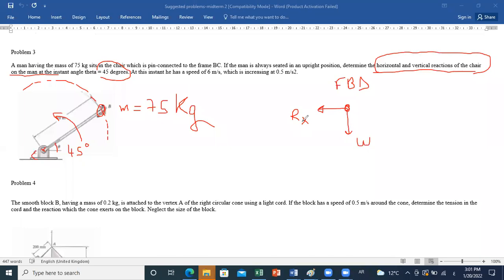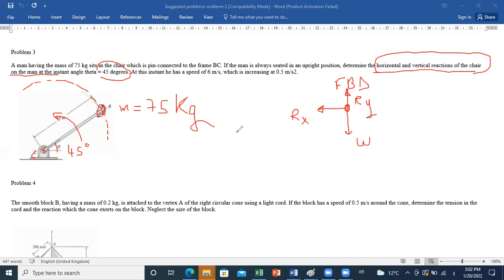It doesn't matter, because when you solve, if you get a positive result, this means that your assumption is right. If you get a negative result, this means that your assumption is wrong. But isn't there a normal? The normal reaction is from the chair, right? Exactly, it is implemented in Rx and Ry. So Rx and Ry will represent the total reaction of the chair on the person.